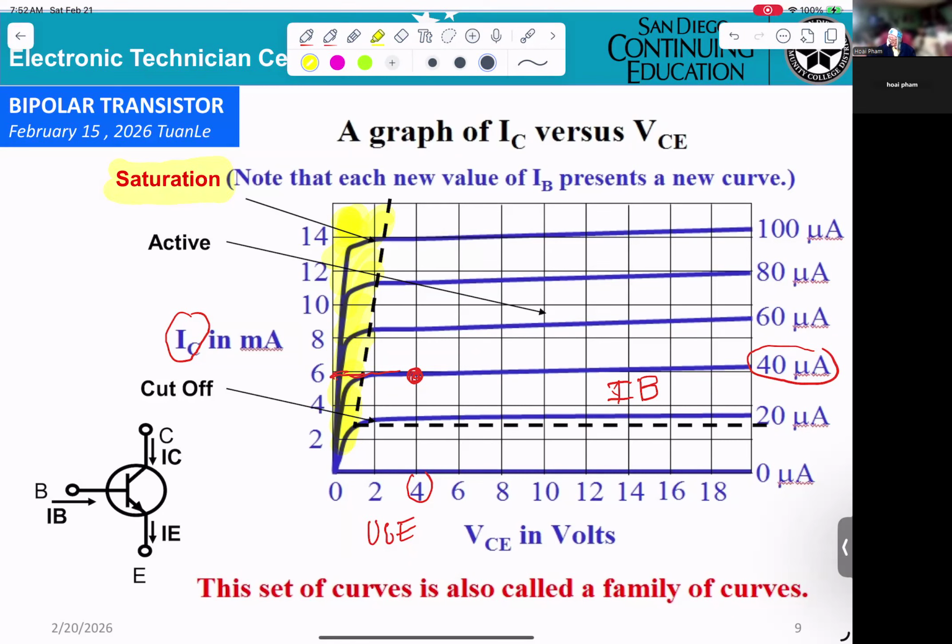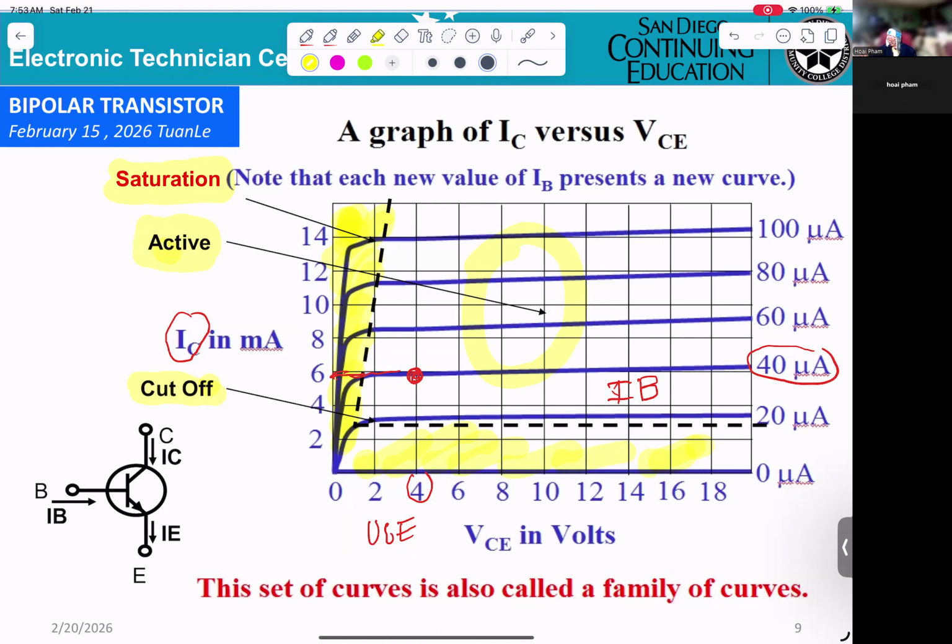And any point in this area is active, used for amplifiers. And the last part here is what they call cutoff. We already know we have the cutoff region, saturation, or active.